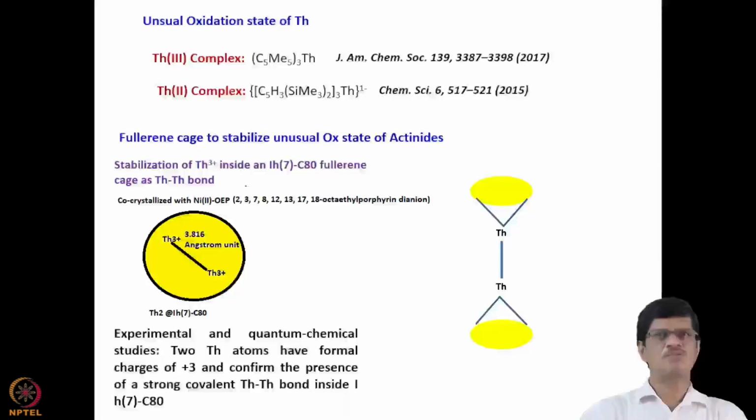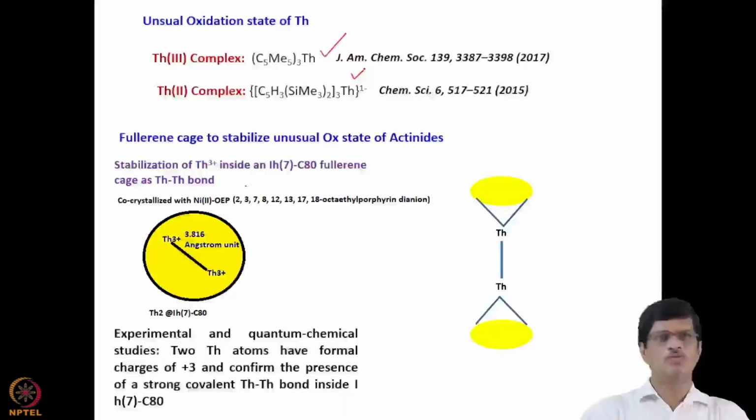But there are some reports in which the thorium 3 complex, the tris cyclopentadienyl thorium, is reported, where thorium is in the +3 oxidation state, and an analogous complex is also formed where thorium has +2 as the oxidation state. So these are some of the unusual oxidation states of thorium. There are many other examples, but I have quoted only these two here.